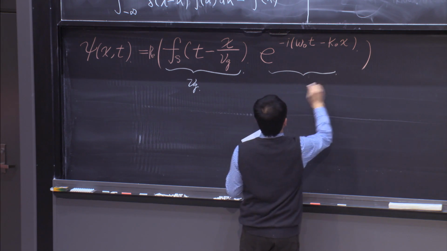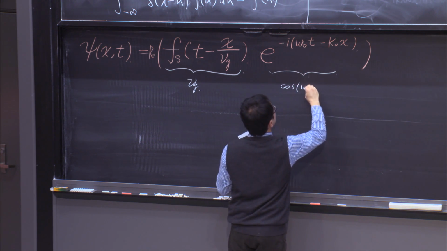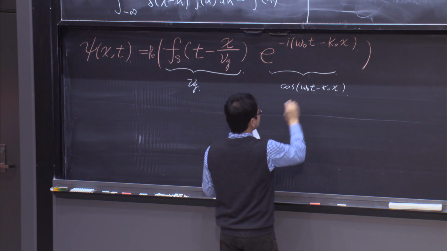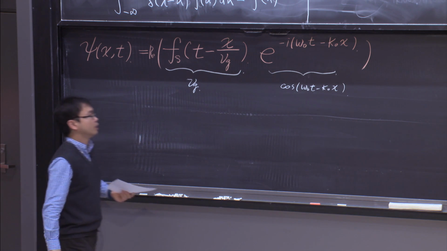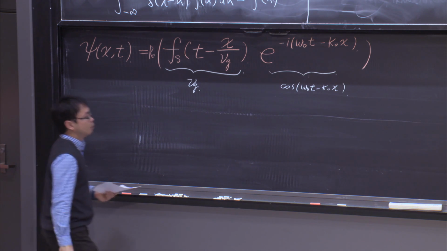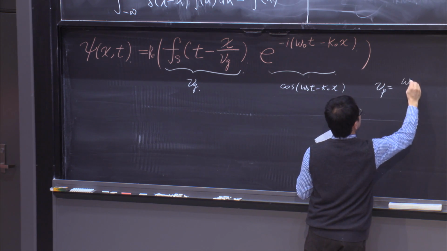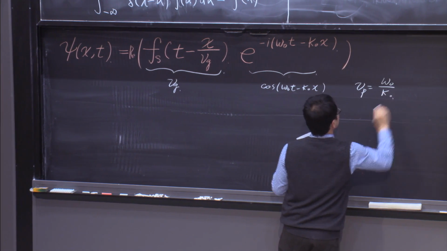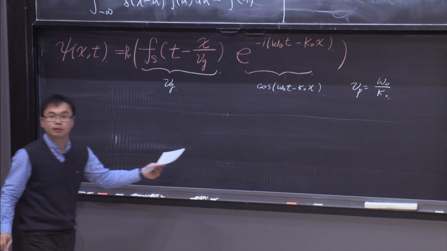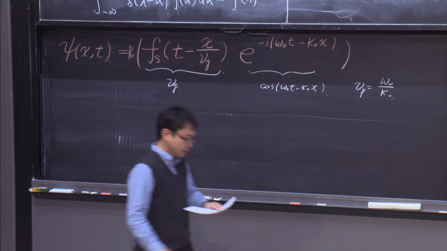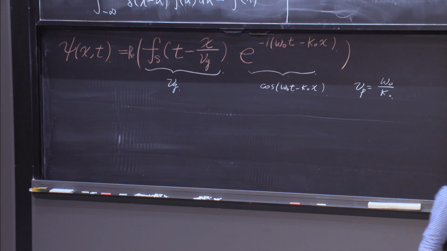And this other factor is cosine(omega 0 t minus k0 x). Therefore, this is a harmonic wave. The carrier is a harmonic wave traveling at Vp equal to omega 0 divided by k0. Any questions about what we have discussed so far?